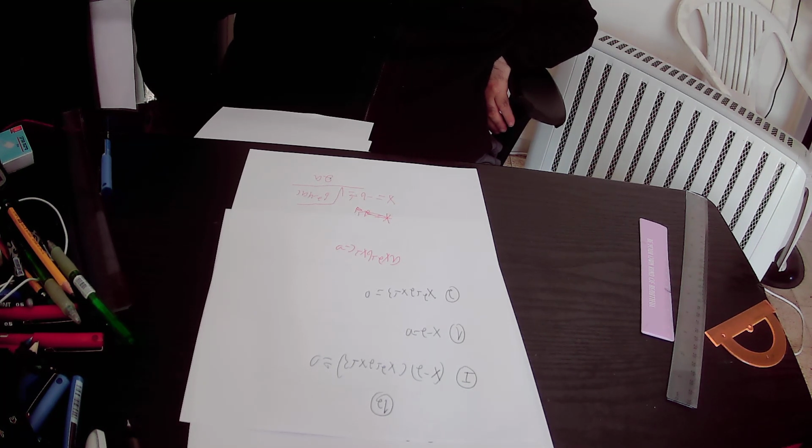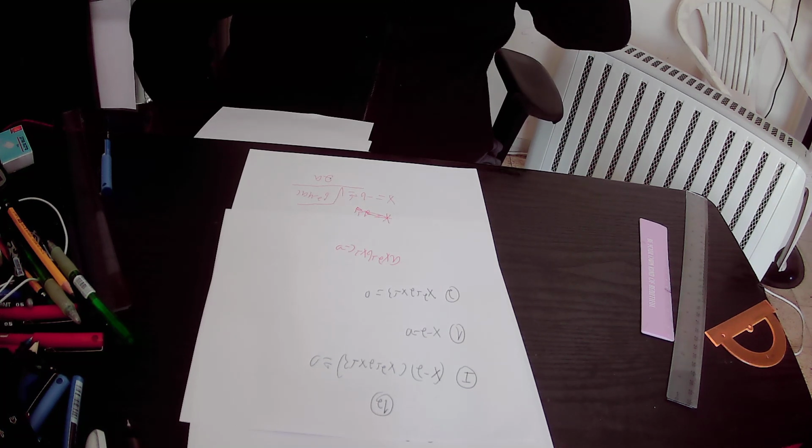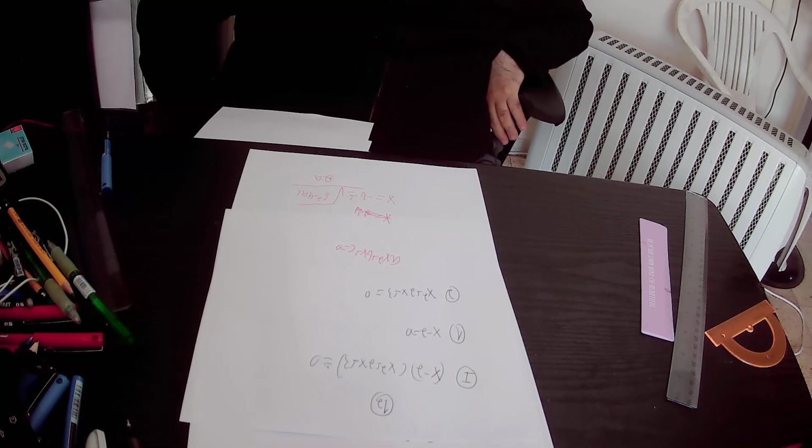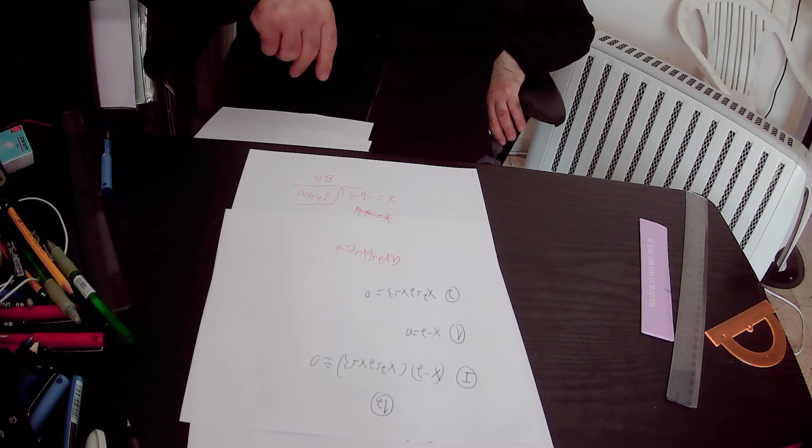So if inside the root we have a negative number, then there are no real solutions for x, and therefore x doesn't have a real number solution.